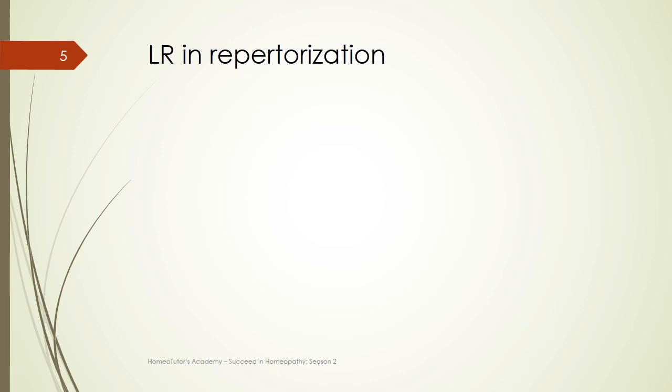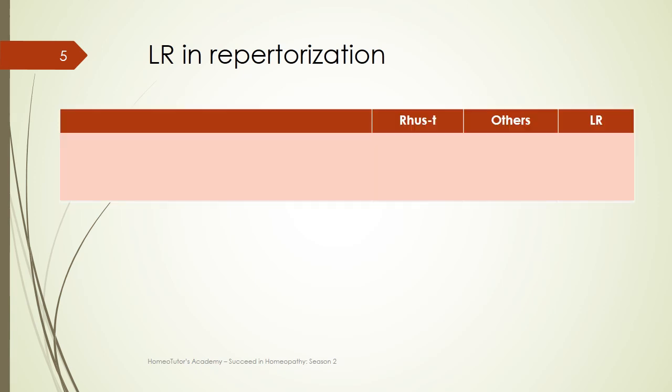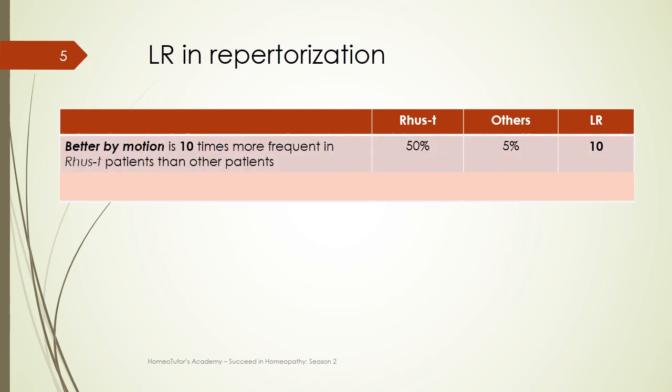How can we use our knowledge of likelihood ratio in repertorization? Let's take one example of Rhus tox, or Rustox, whichever way you wish to pronounce. We know that a Rhus tox patient is better by motion in the case of any kind of pain. In fact, Bryonia is just the opposite.